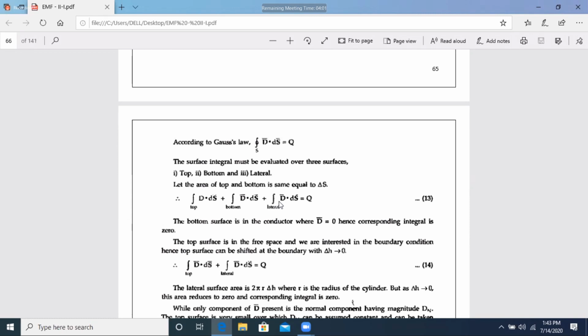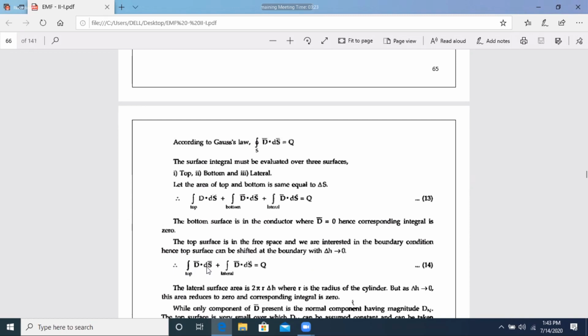If we squish the pillbox, delta H approaches 0, as we did with the rectangle.